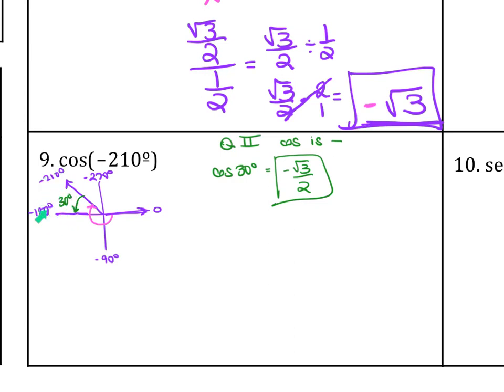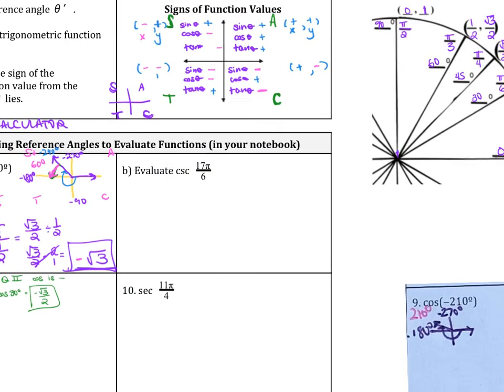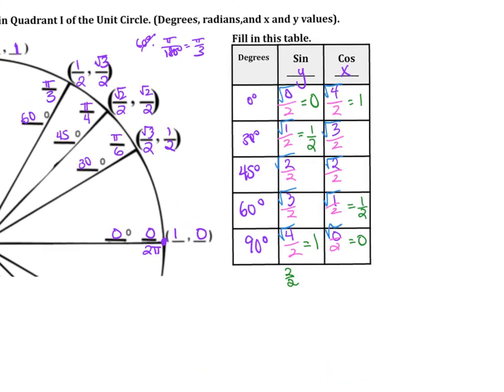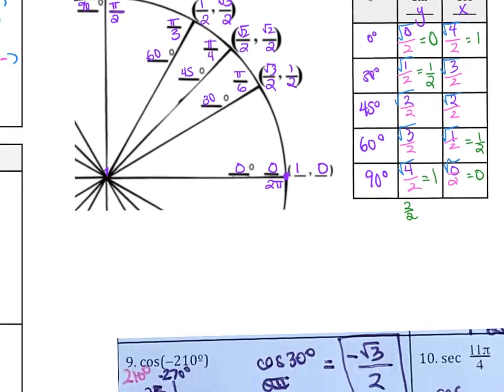So the reference angle is 30 degrees. Now the x value, which is our cosine, is negative because we're in quadrant 2. So then you have to look at what is cosine of 30 degrees. Looking at this table, cosine of 30 degrees is root 3 over 2.